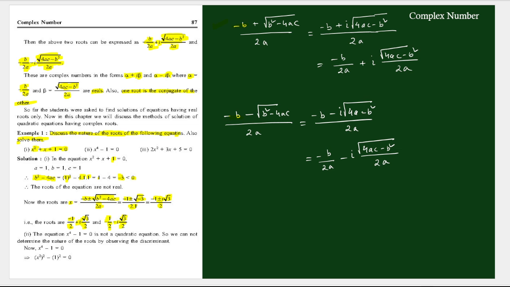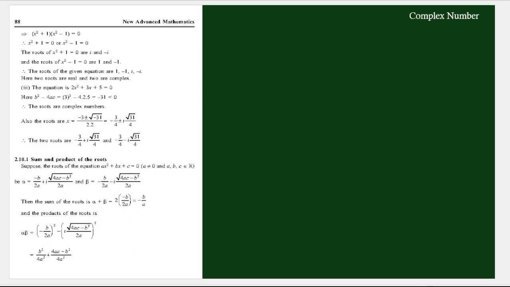Understood? Now x to the power 4 minus 1. This is not a quadratic equation, so we cannot determine the nature of the roots by observing a discriminant. So what will we do with it? We will make squares: x square square minus 1 square, that is a square minus b square, so a plus b and a minus b come. Again x square plus 1 can be written, x square minus 1 is x plus 1 into x minus 1.